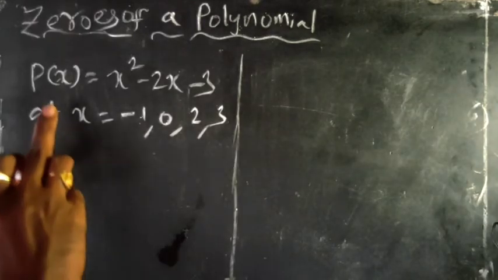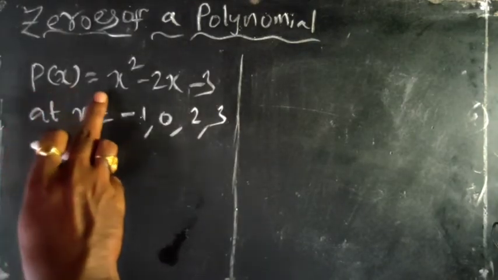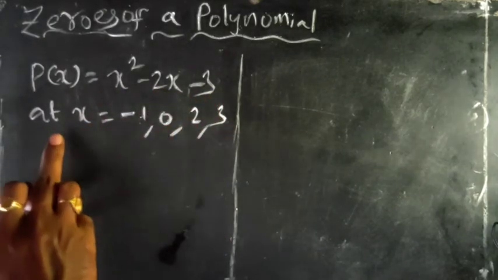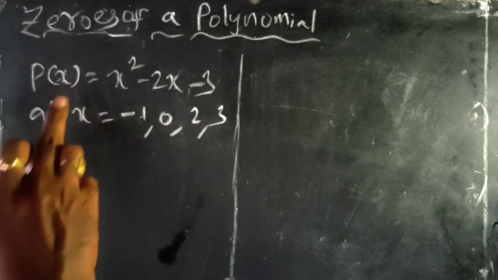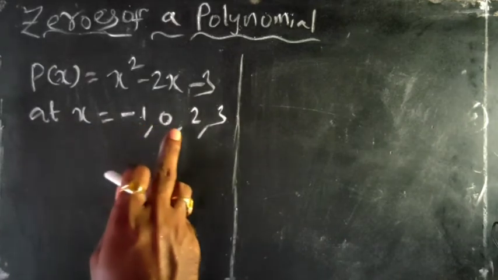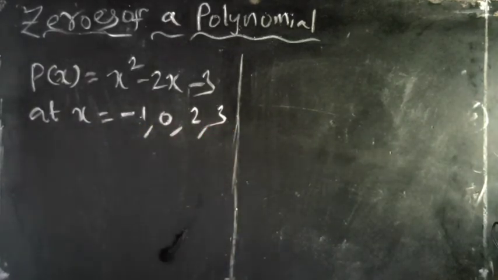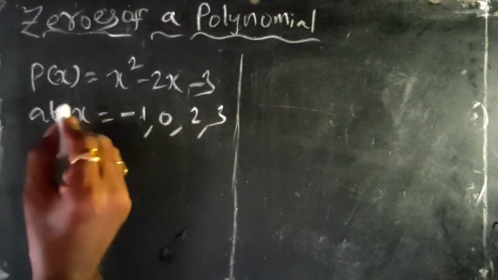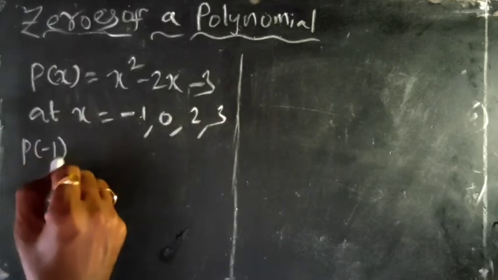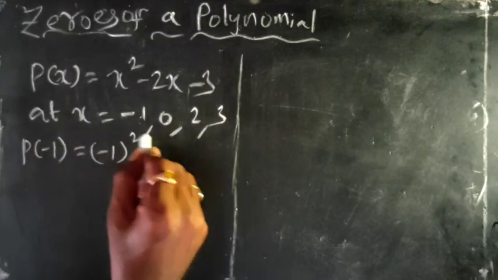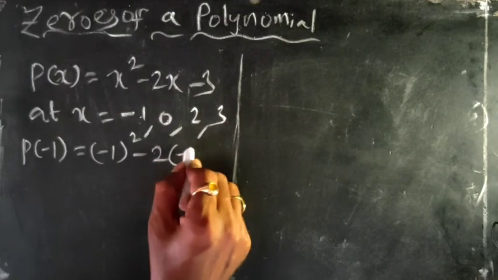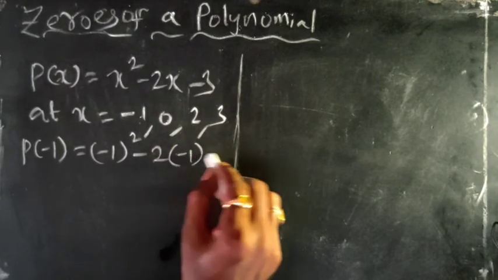Now consider an example, p of x is equal to x square minus 2x minus 3, and find the values of this polynomial p of x at x is equal to minus 1, 0, 2 and 3. Okay. See, first we can see. Put x is equal to minus 1 in it. Then it becomes p of minus 1 is equal to minus 1 whole square minus 2 into minus 1 minus 3.